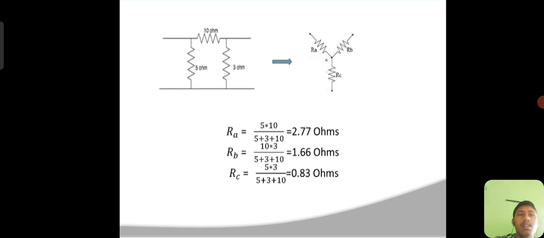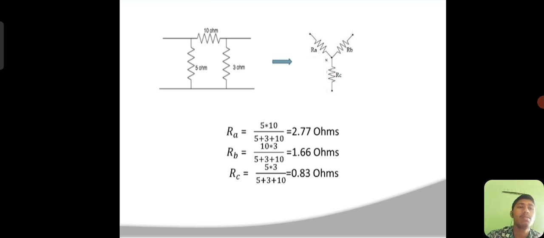Delta has been given in the question and we convert it into star. We know the formulas: RA equals R1 R2 by R1 plus R2 plus R3, RB equals R2 R3 by R1 plus R2 plus R3, and RC equals R1 R3 by R1 plus R2 plus R3, the product of adjacent sides by the sum of all sides.